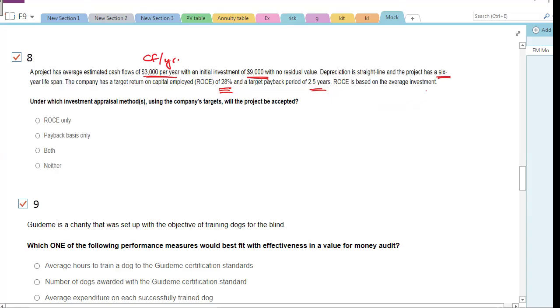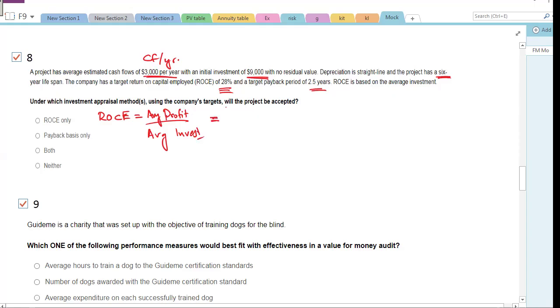Okay. Now we have to unfortunately do the calculation this time. The return on capital employed, remember the formula is the average profit divided by the average investment. Are we given the average profit?